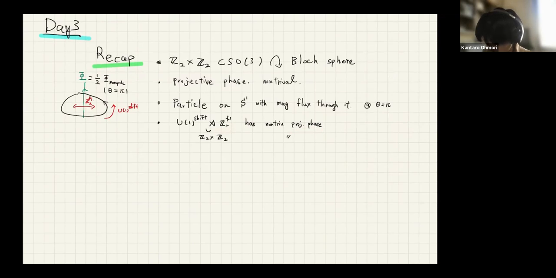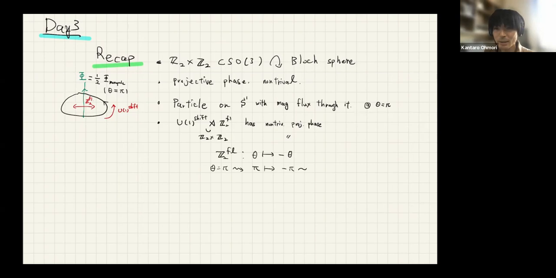Well, I didn't say this before, but at theta equals pi, roughly speaking, this Z2 flip sends theta to minus theta. When theta equals pi, pi goes to minus pi.